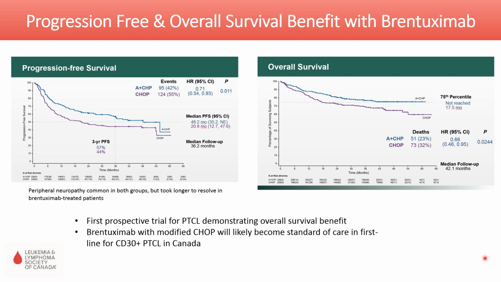They want to see that it makes you live longer. And in this particular case, the difference was really significant. So in patients who got the Brentuximab, you stayed in remission more than twice as long, 48 months versus 20 months.